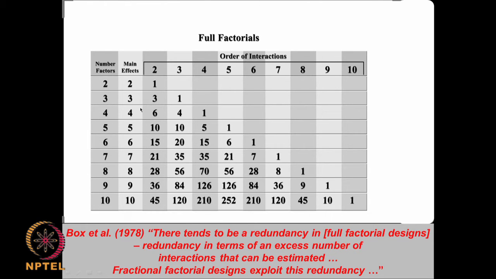So, came into being something called the fractional factorial designs, which are like half of 2 power n, that is 2 power n minus 1, or 1/4 of 2 power n, that is 2 power n minus 2 and so on.